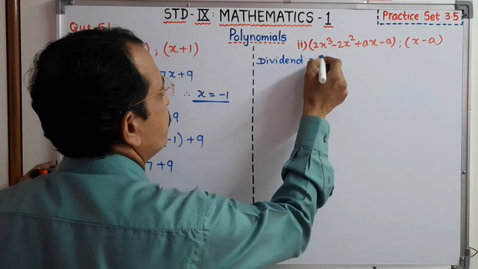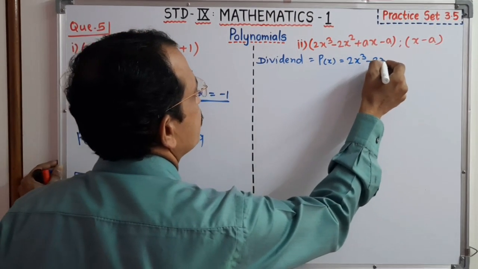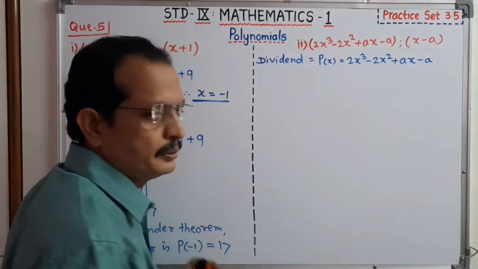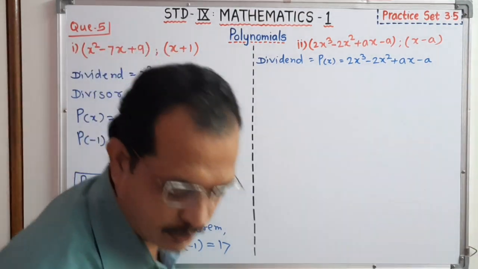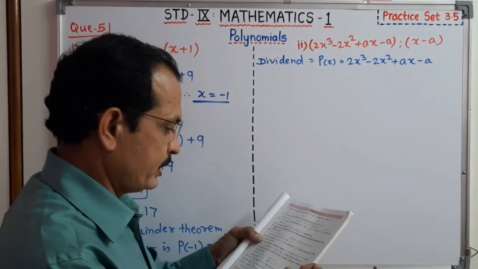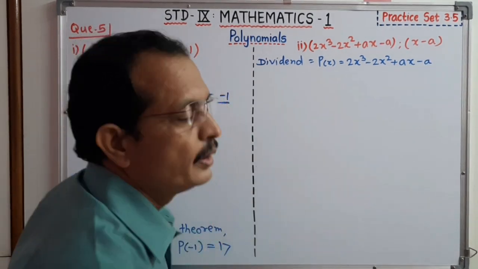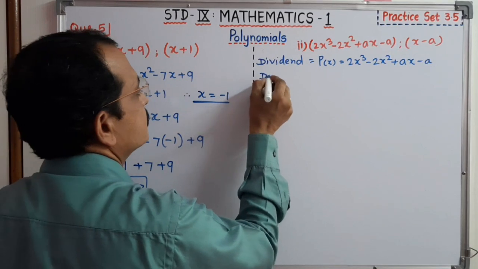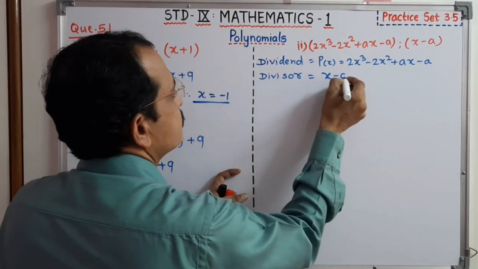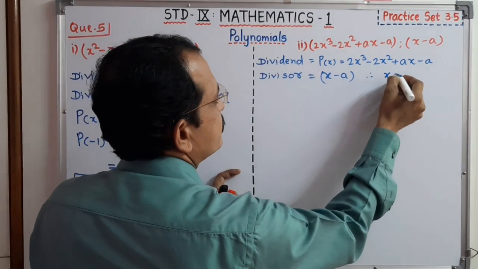Dividend p(x) is equal to 2x cube minus 2x square plus ax minus a. Now see here, divisor is equal to x minus a, therefore x is equal to a.